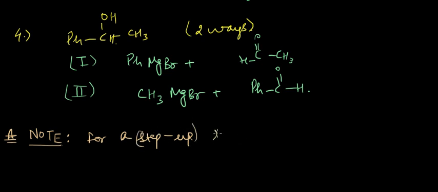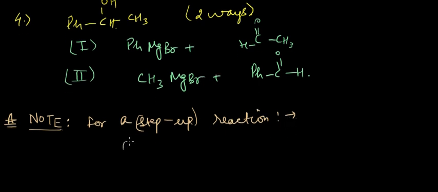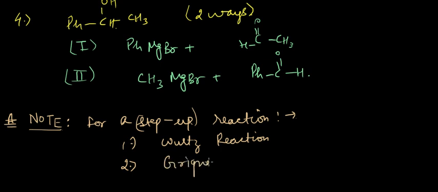For a step up reaction, whenever you are asked to form some compound and the number of carbon atoms in the substrate is lesser than in the product, then you can think of two reactions, namely Wurtz reaction, which involves free radical addition, dimerization, where R dot and R dot create an R-R bond, and second is using Grignard reagent, which we are just discussing now. So this was an important fact you can remember.